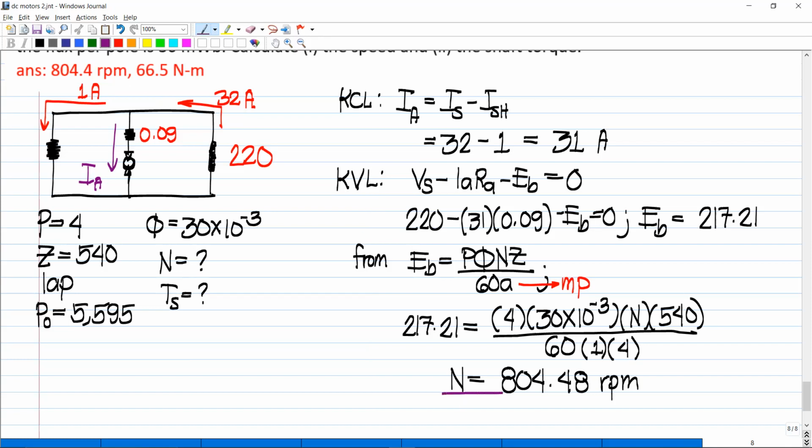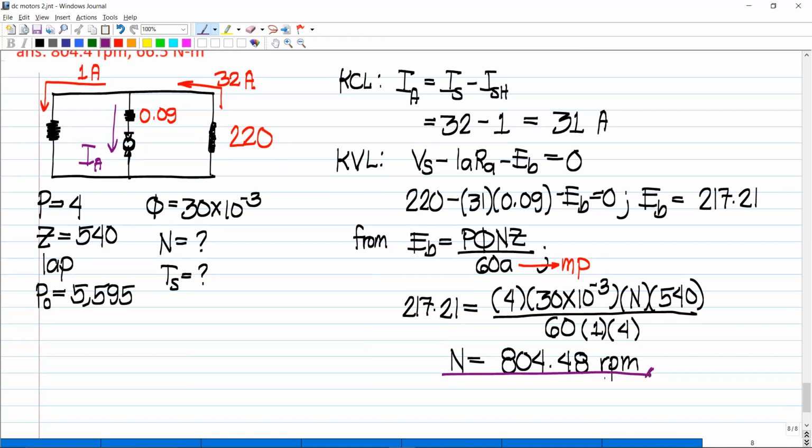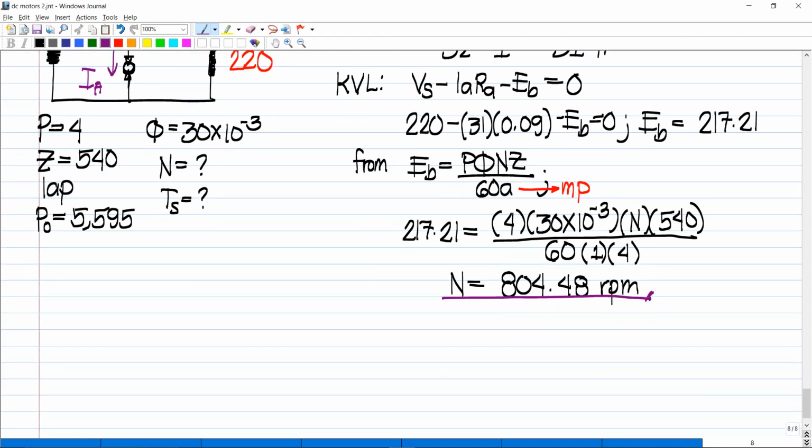And then finally, let us now solve for the torque at the shaft. Engineers or students, when we read that shaft torque is being asked, we immediately use the P formula. The output power is equal to 2 pi N T shaft over 60.